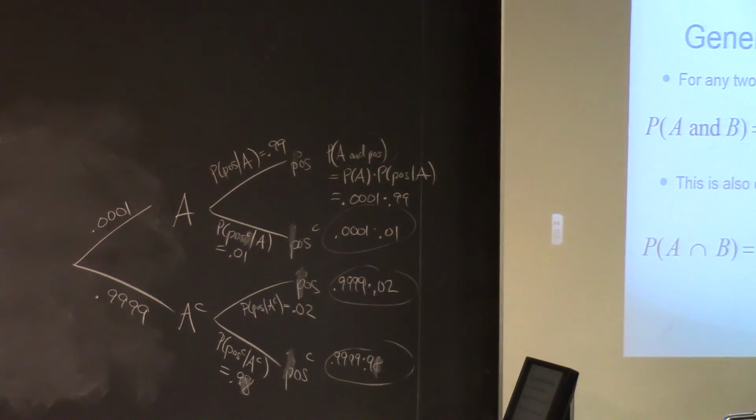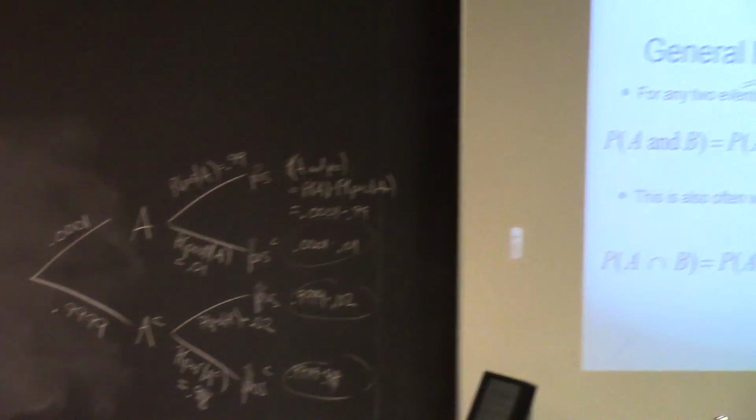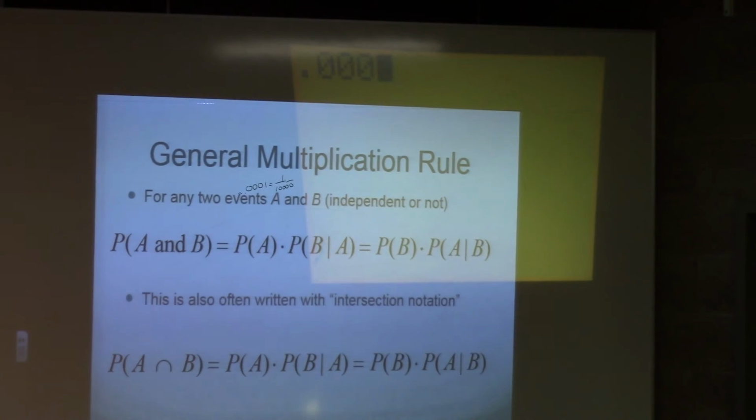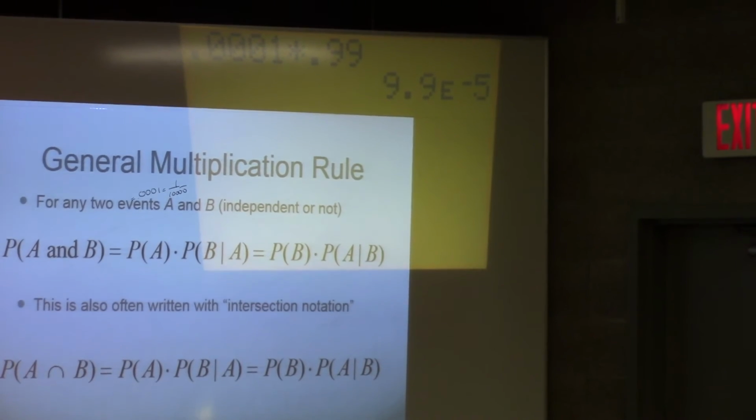What are those? The first one, 0.0001 times 0.99. It comes out in scientific notation on my calculator, 9.9 times 10 to the negative fifth power.